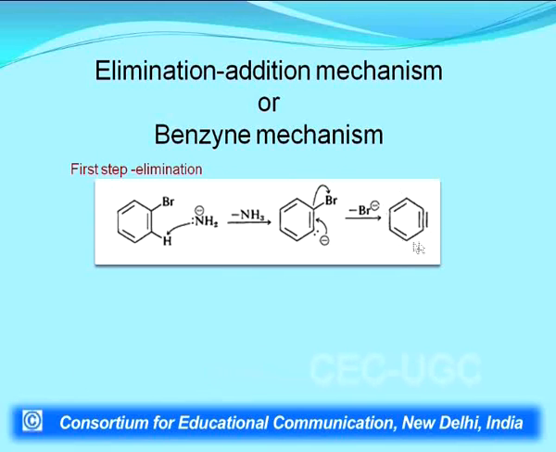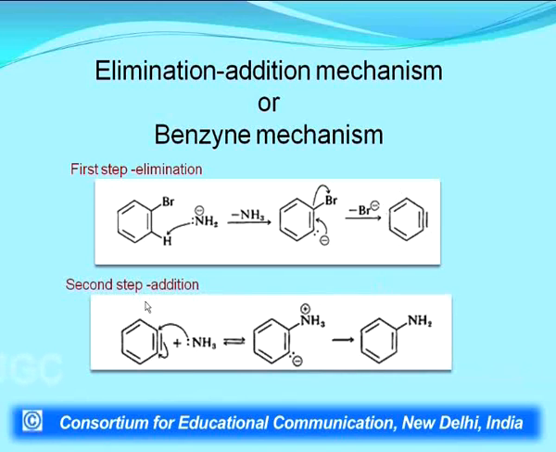And since the benzynes which are formed are not very stable, they quickly go to a second step, which involves the addition of ammonia. Ammonia, acting as a nucleophile, attacks one of the carbons, this pair of electrons shifts to the carbon, again we get an anion, and this anion captures one H plus.